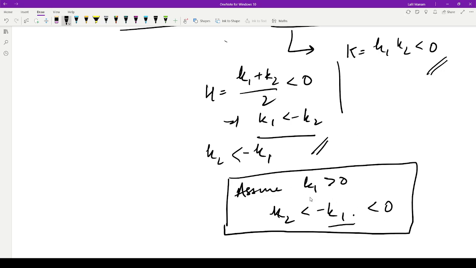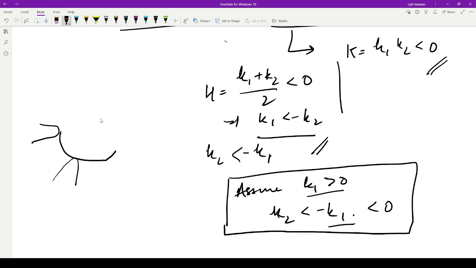If you have k1 greater than 0, then k2 is surely less than 0. So what does it mean? k1 greater than 0 means you can think of it as minima, and k2 less than 0 means there is some maxima. So your curve will go something like this.